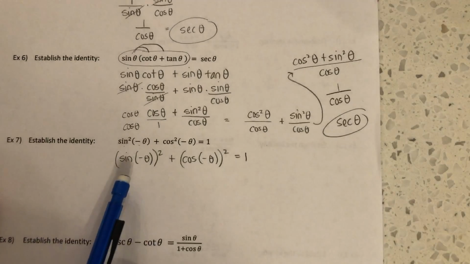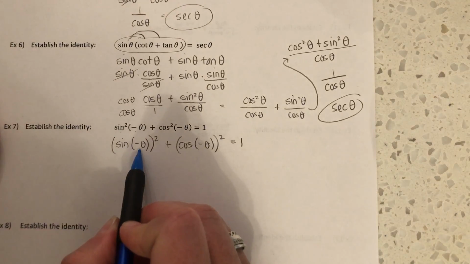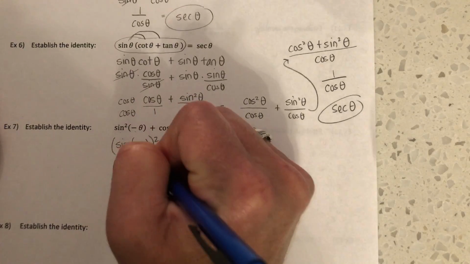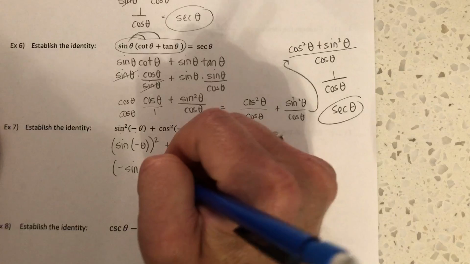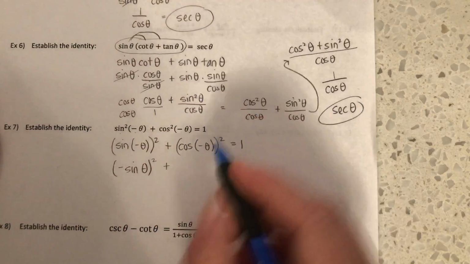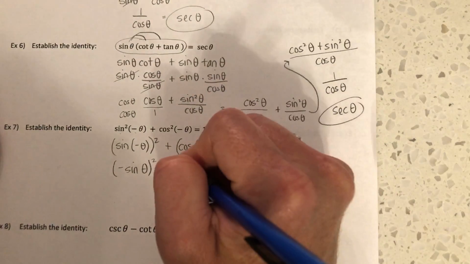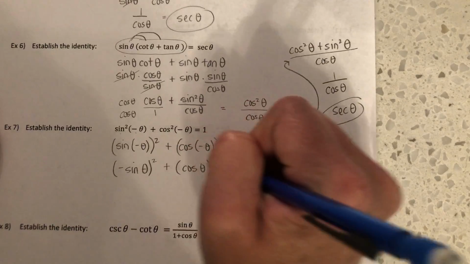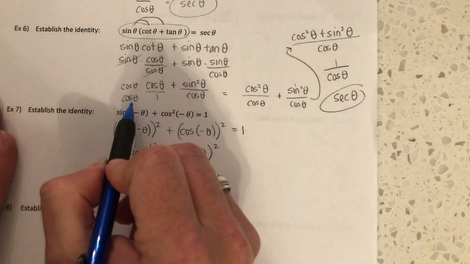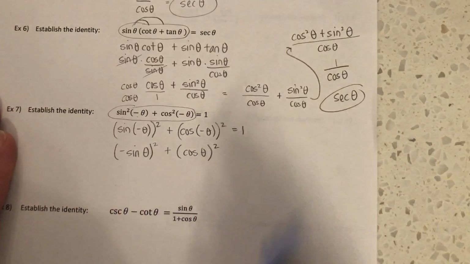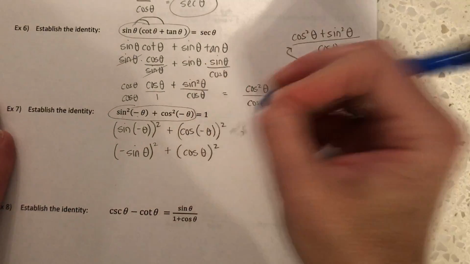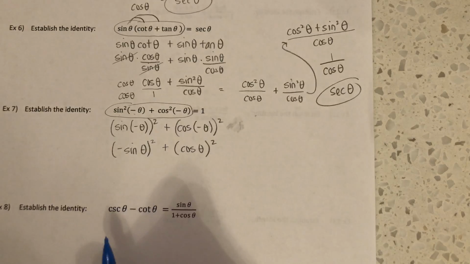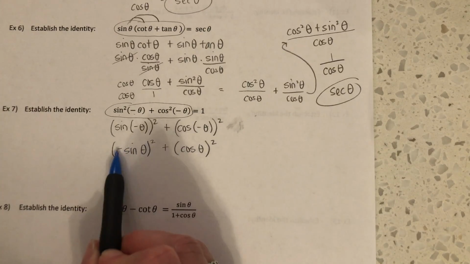Well, now we can use an identity for this. So sine negative theta is equal to negative sine theta, right? We can break that negative out, plus cosine negative theta, if you remember, was just cosine theta, and it's squared. And again, we're trying to make this become 1, so I don't even need to put this part. We're just trying to show that it becomes 1. All right, well, look here. What is negative sine theta squared? Well, what's negative 1 squared?